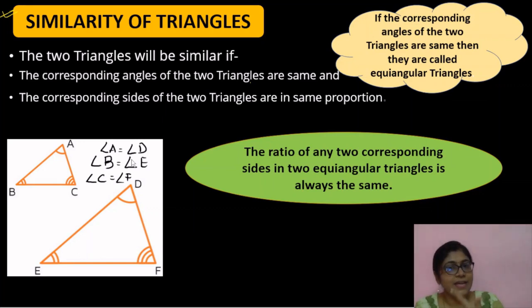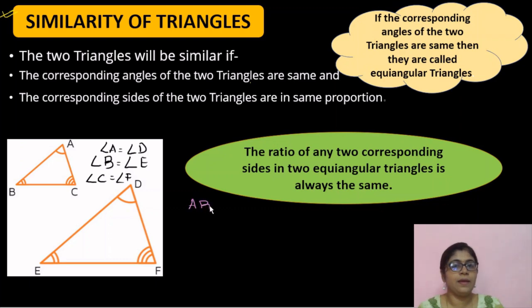And the ratio of any two corresponding sides in two equiangular triangles is always the same.